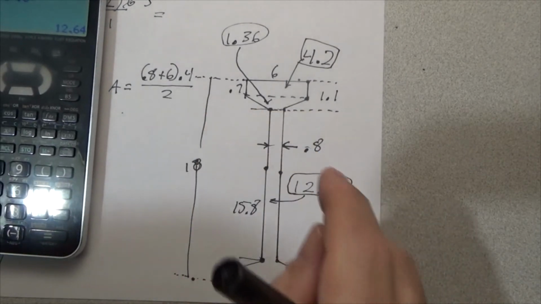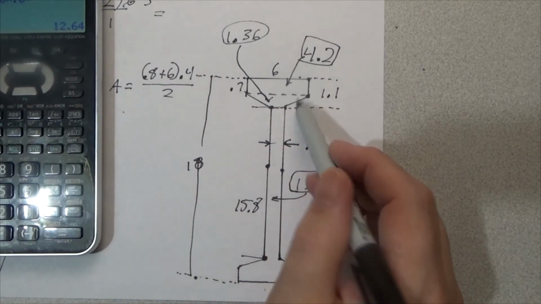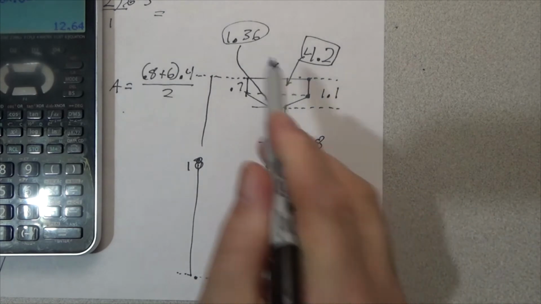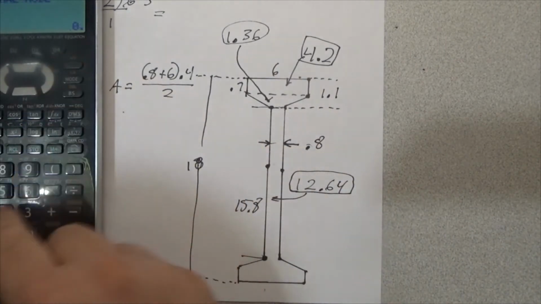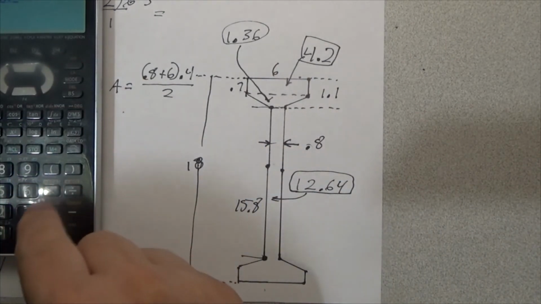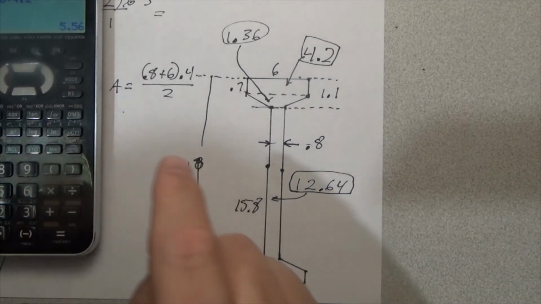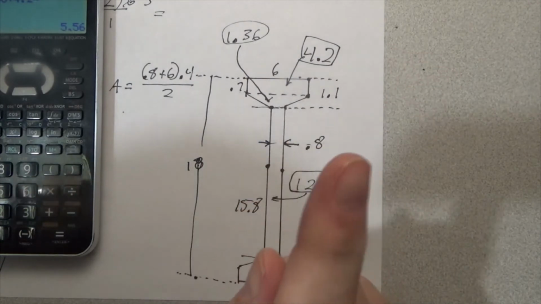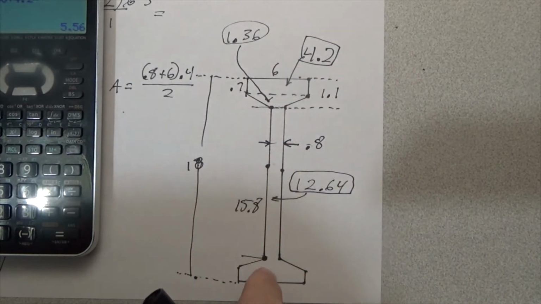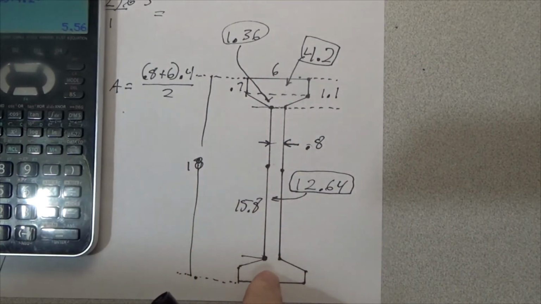Because this area and this area right here are the same, I'm just going to go ahead and add those together. 1.36 plus 4.2 gives me 5.56. So I'm just going to multiply that by 2 to add in this one.